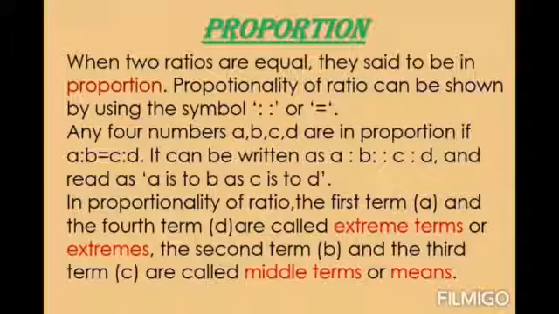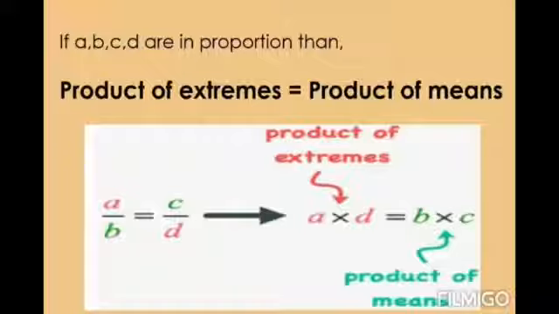The second term B and the third term C are called middle terms or means. If A, B, C, D are in proportion, then the product of extremes is equal to the product of means. Right? That means A into D is equal to B into C.